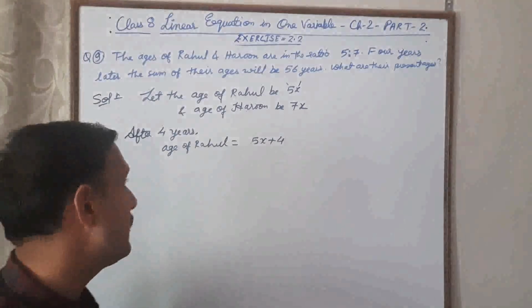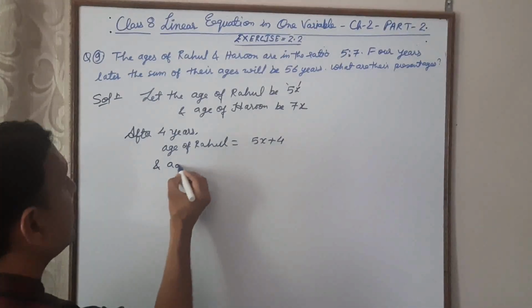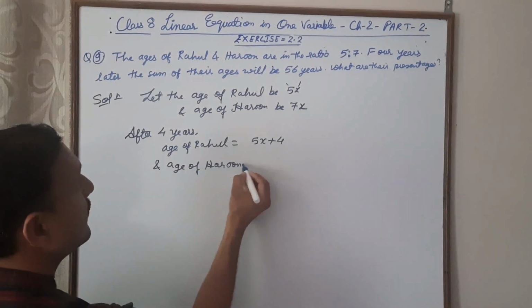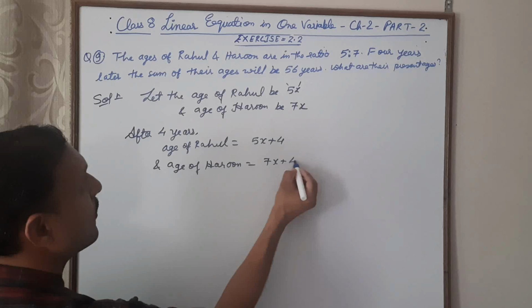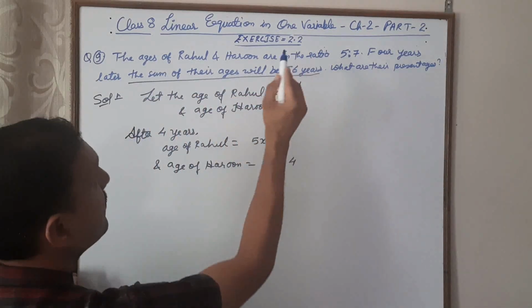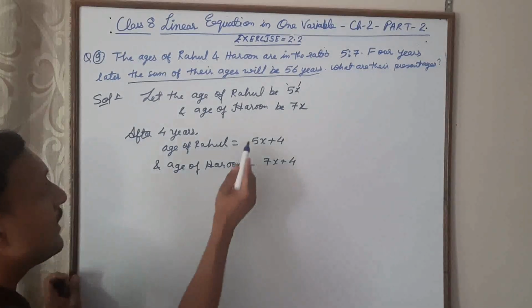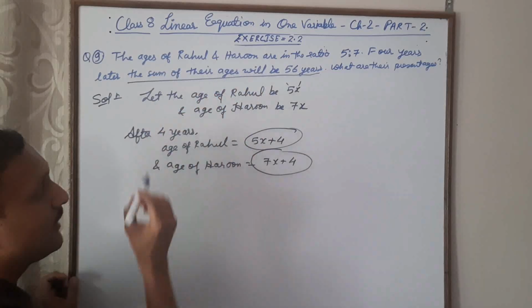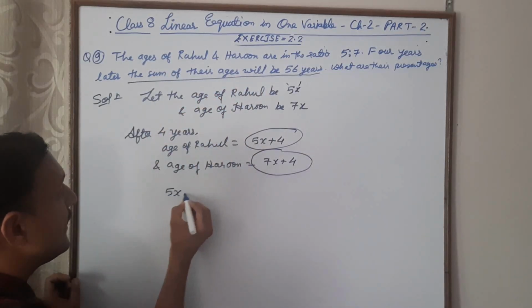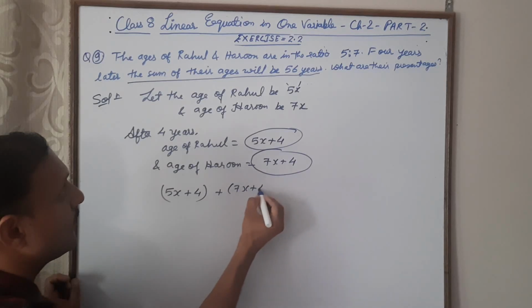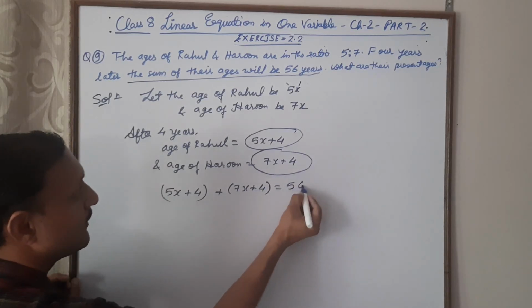And the age of Harun will be 7x plus 4. 4 years later, the sum of their ages will be 56, meaning 5x plus 4 plus 7x plus 4 equals 56.